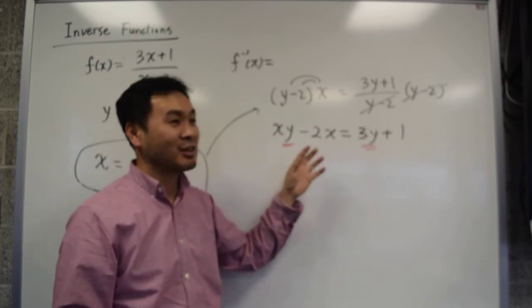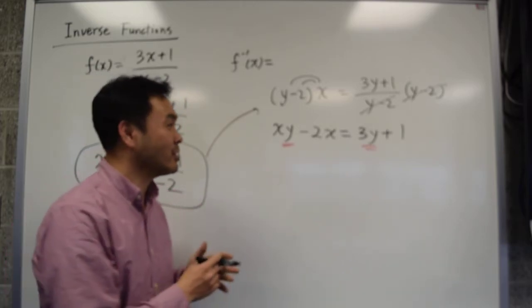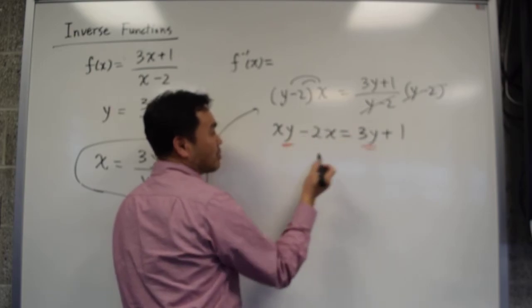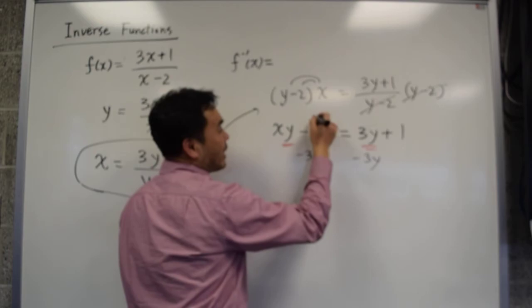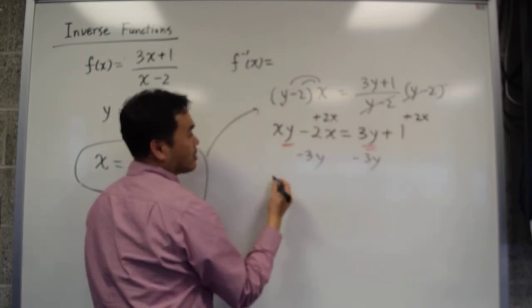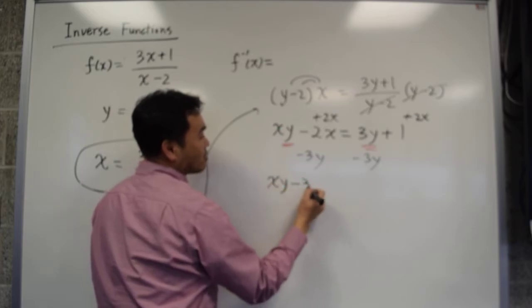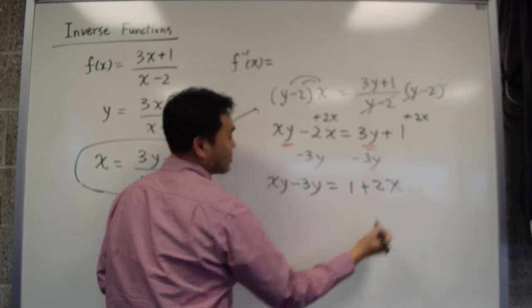And they're divided now into two different teams, right? So 3y goes here by subtracting 3y on both sides. And then you add 2x on both sides. And then you get xy minus 3y equals 1 plus 2x.